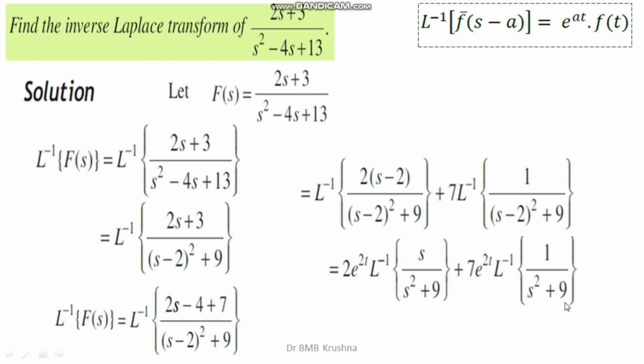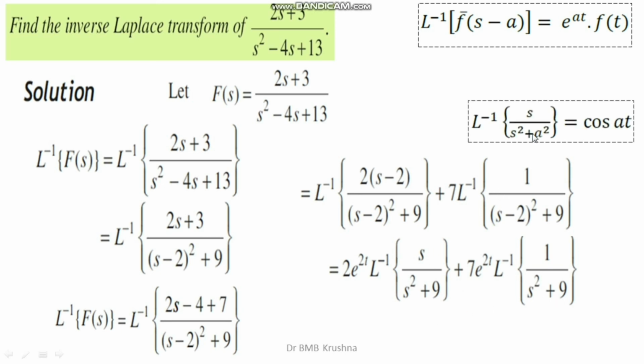We know that inverse Laplace transform of s by s square plus a square is cosine at, and also inverse Laplace transform of the function 1 by s square plus a square is 1 by a sin at.